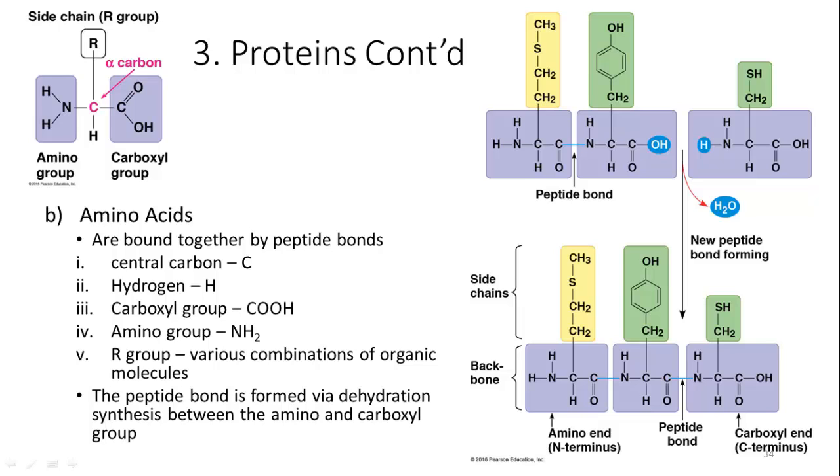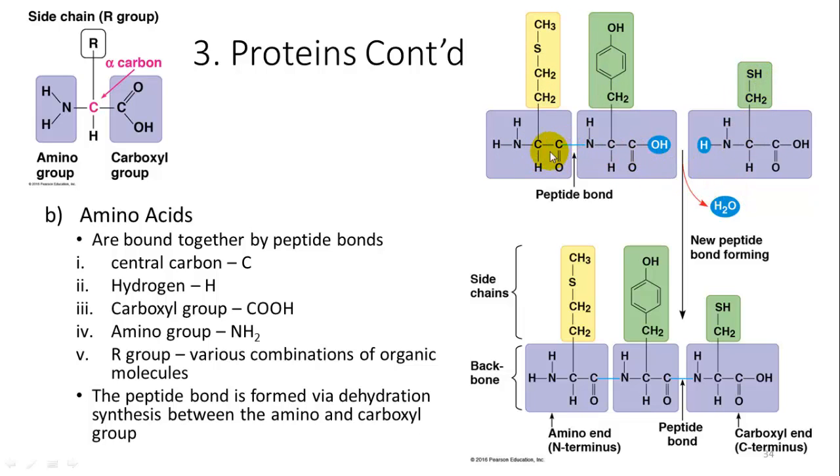Okay, a peptide bond, just like before, is formed by a dehydration synthesis between the amino group and the carboxyl group of the next amino acid. So you can see you have three amino acids here on this figure. They have different R groups. One's yellow, one's green, one's smaller in green.